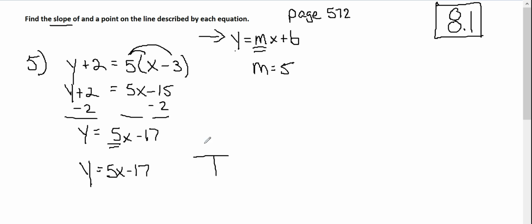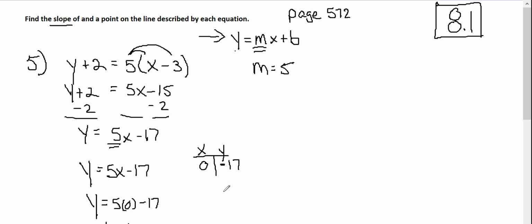If I put a t-chart here and I say x is 0, what is y? So if x is 0, I have y equals 5 times 0 minus 17. We know 5 times 0 is 0, so y equals negative 17. So when x equals 0, y equals negative 17, and that's a point on the line described by this equation.